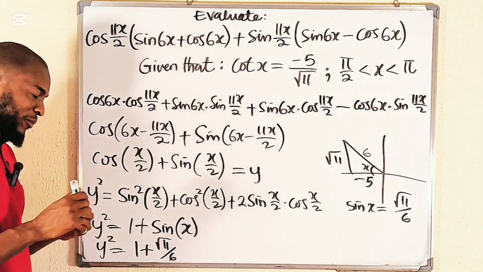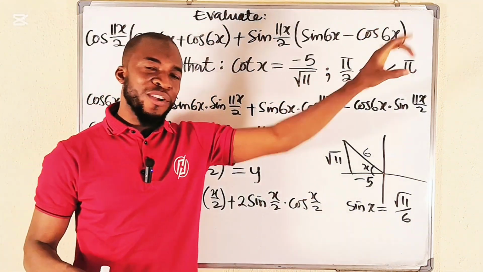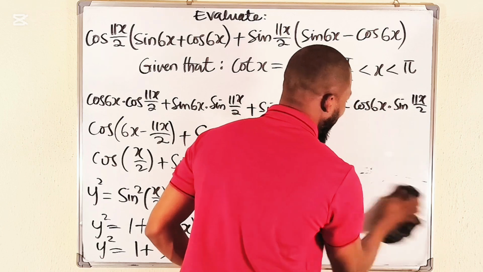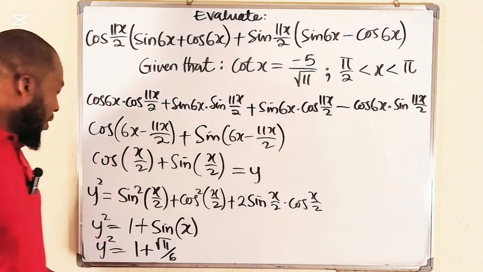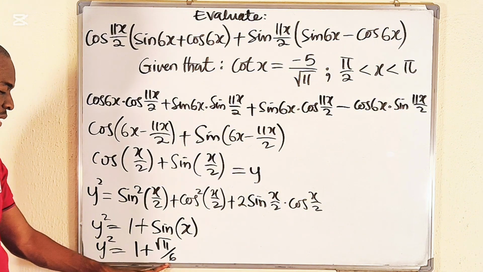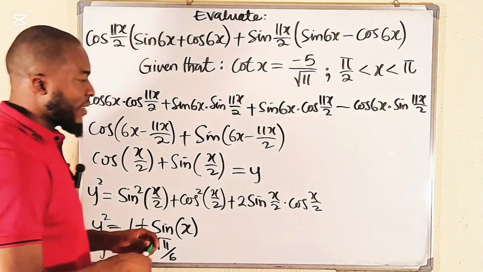We are almost done. Whatever the value of y is said to be the whole of this expression. All right, let me use this space again. You can simplify this as 6 plus square root of 11, all divided by 6.